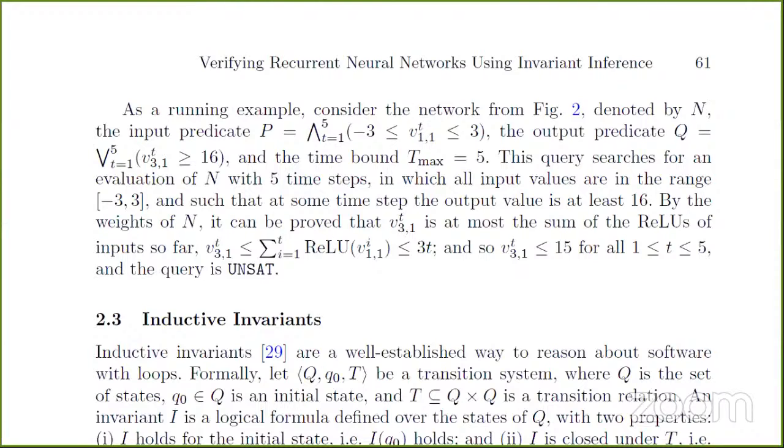At 31 the value can never become bigger than the sum of all the inputs, because it is either the sum of all the inputs or a value which is lesser than that. I'm sorry, this is not true.